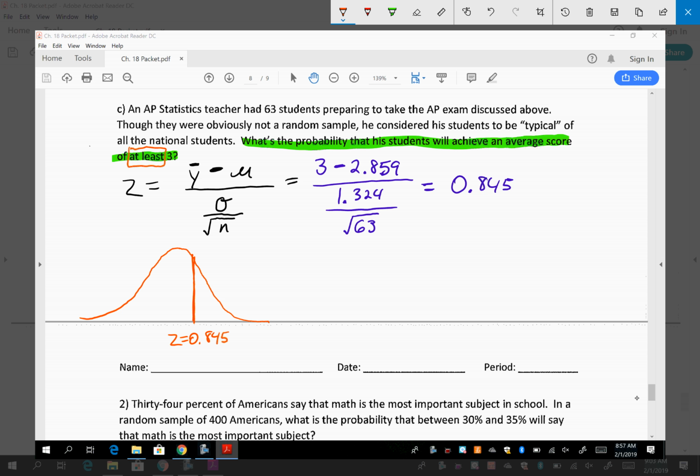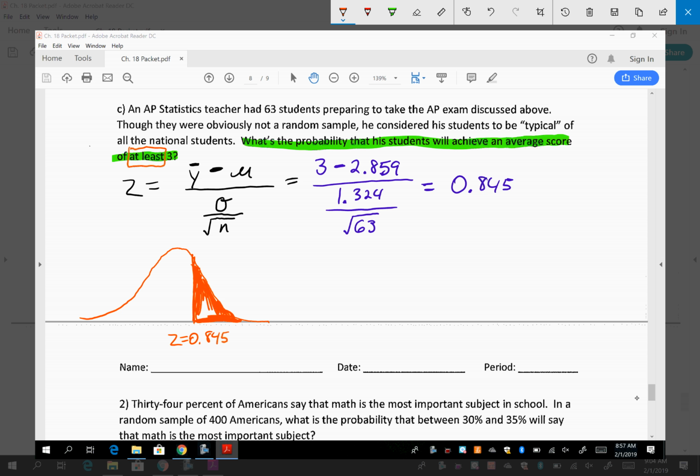Right? At least 3 is 3 or higher. So which direction am I going to shade if I want at least this number or higher? To the right. And your brain should be, hopefully, firing on all cylinders and saying, wow, I feel like we did this before. So we did.